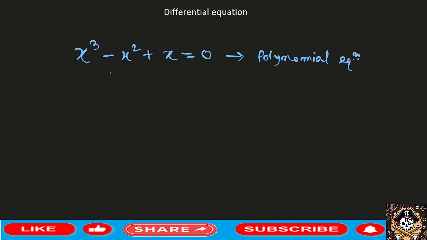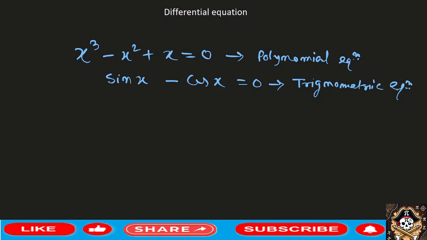You also have seen some equations like sin x minus cos x equal to 0. This is a trigonometric equation. Also, some of you have seen 2 to the power x equal to 7. This is an exponential equation.